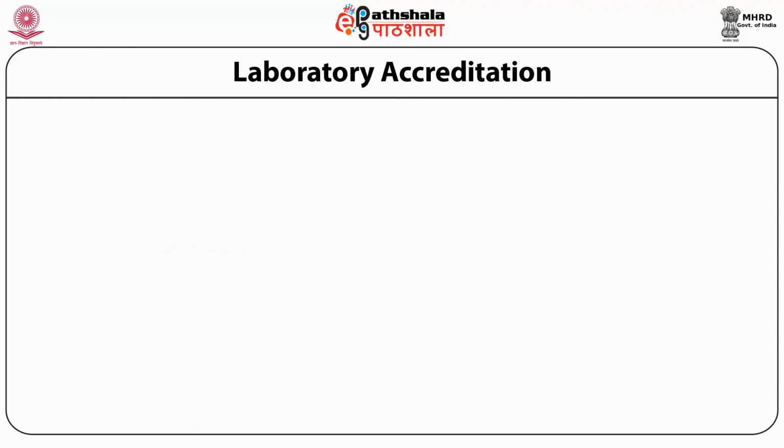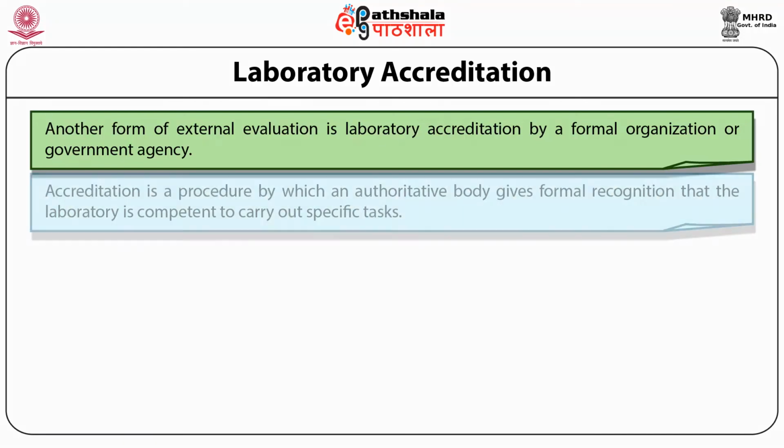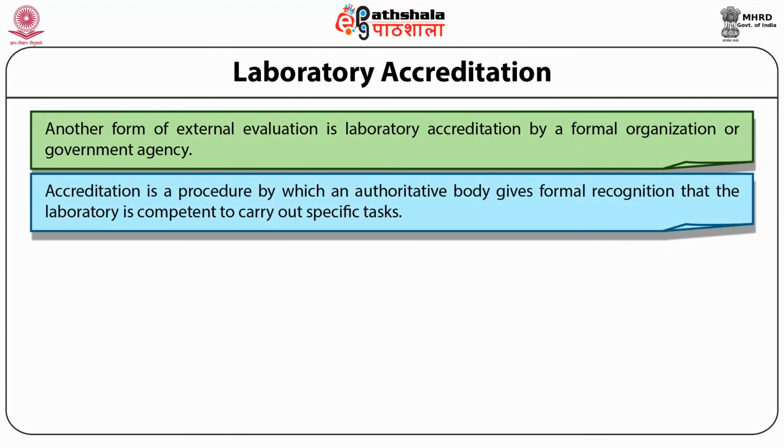The next is laboratory accreditation. A form of external evaluation is laboratory accreditation by a formal organization or government agency. This is generally voluntary but may be required for laboratories dealing with regulatory measurements. Accreditation is the procedure by which an authoritative body gives formal recognition that the laboratory is competent to carry out specific tasks.